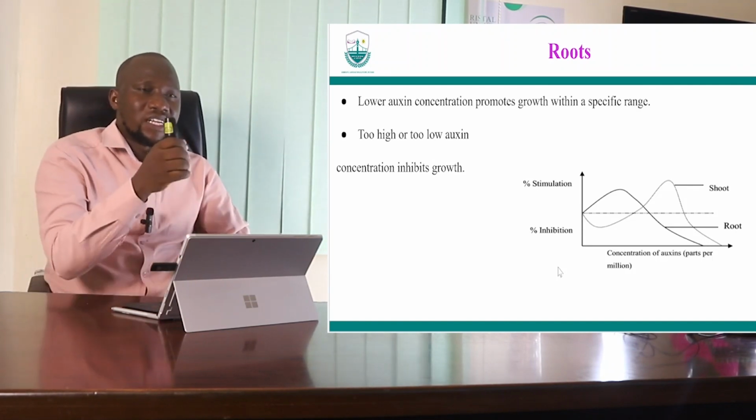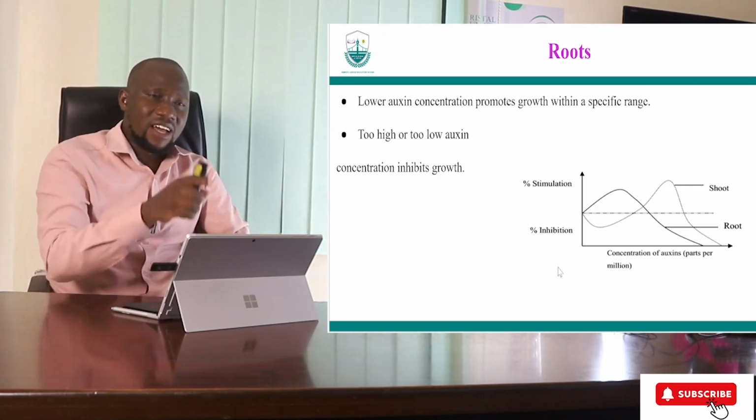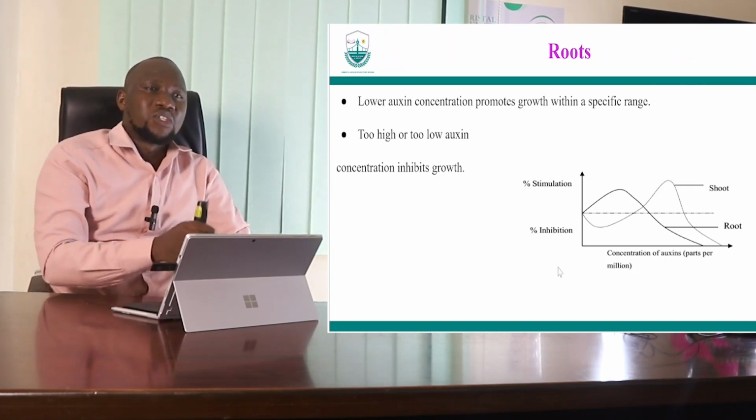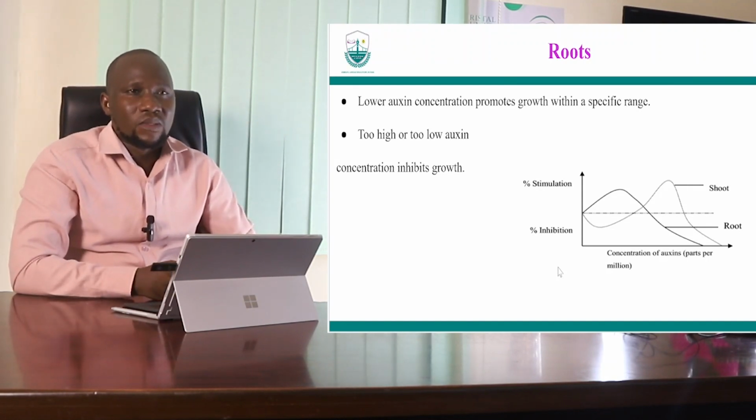Okay, so you can see that the growth initially in the root is high at low concentration. As the concentration increases, it goes down.